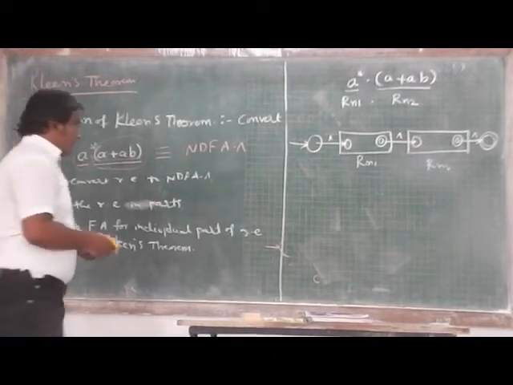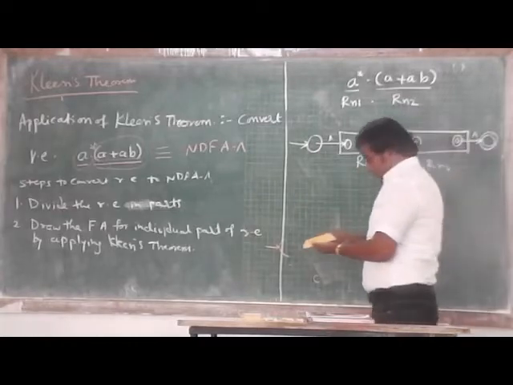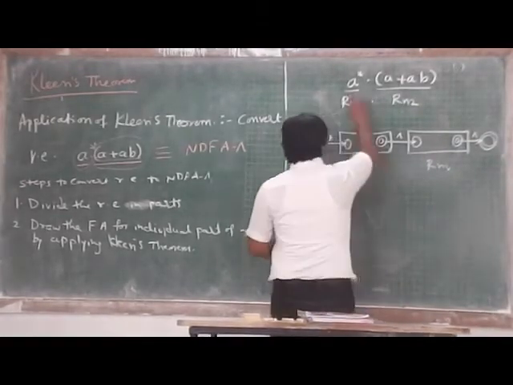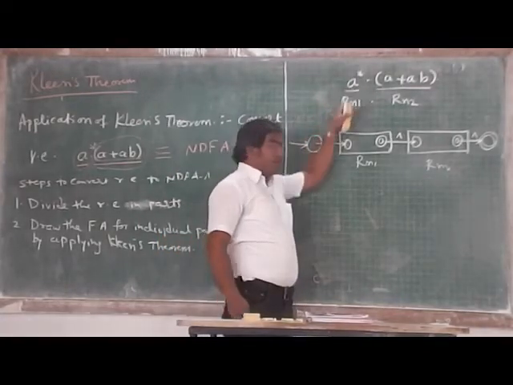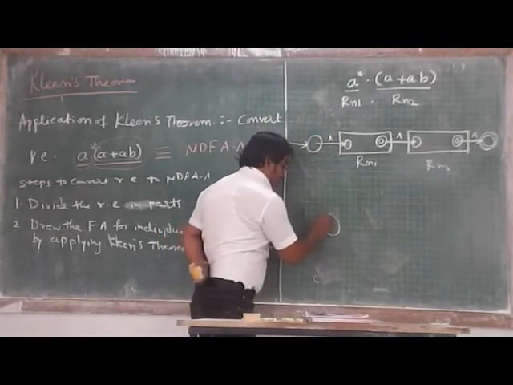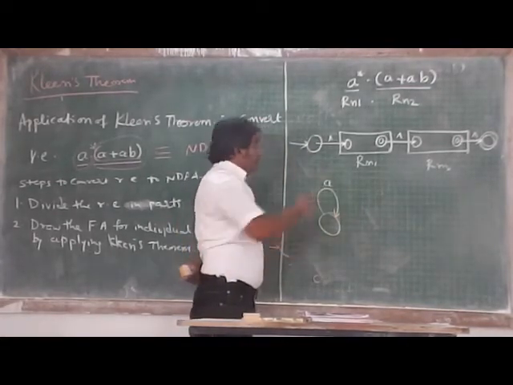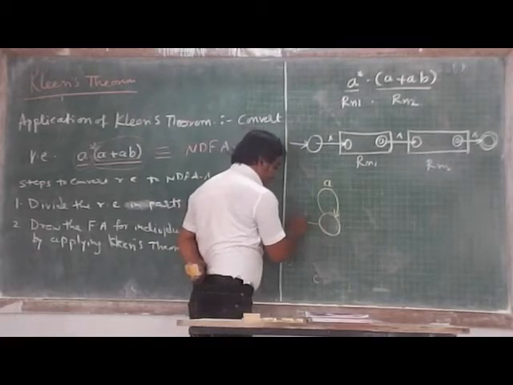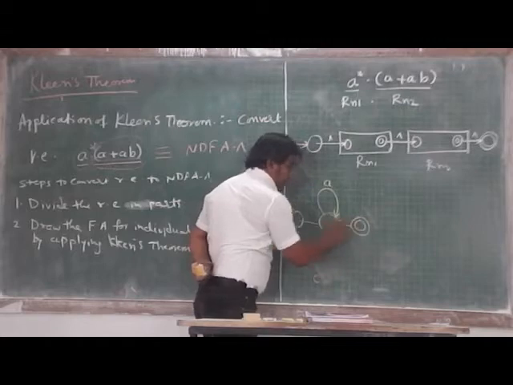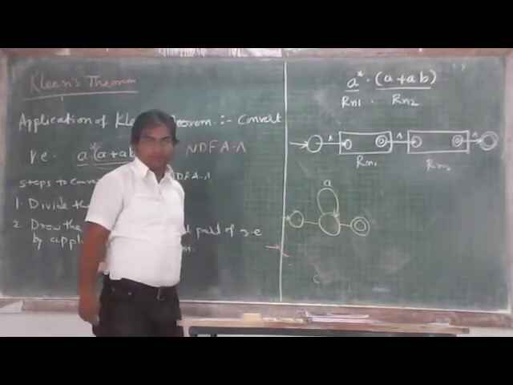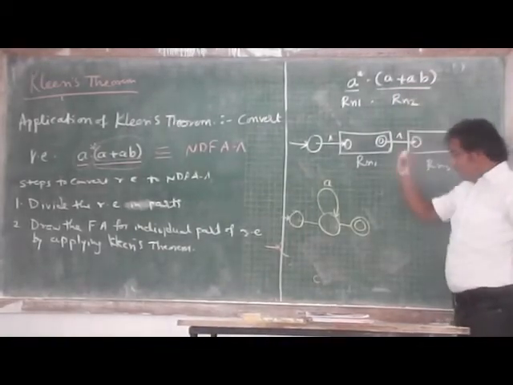Okay? So in exactly a similar way we had two finite automata. What was the finite automata we had? This finite automata. What was the equivalent automata for the regular expression A star? Initial state, final state. Okay? And the finite automata for A plus AB was how?